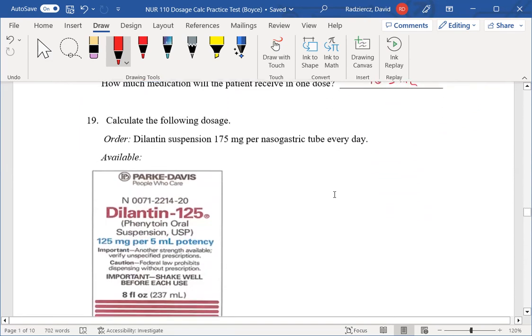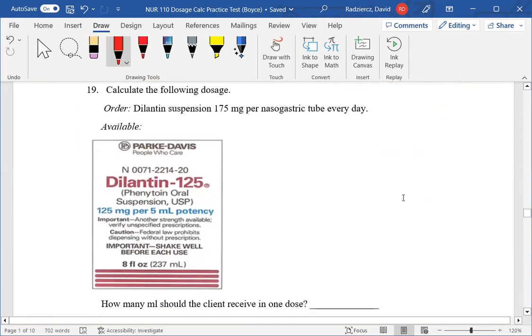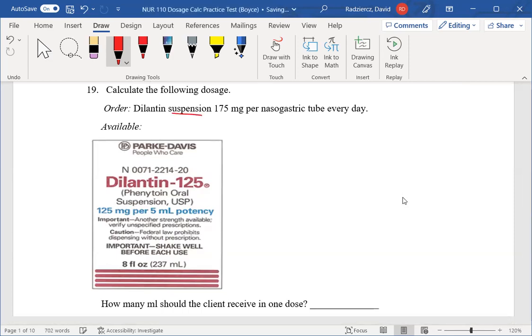All right. Here's another. If you see the word suspension in the question, before you do anything, first of all, it says suspension and then nasogastric tube. You're not going to shove pills down a nasogastric tube, right? Please don't. I don't want to hear about you guys on the news that they try to do this. Just know that if it's suspension, nasogastric tube, milliliters.